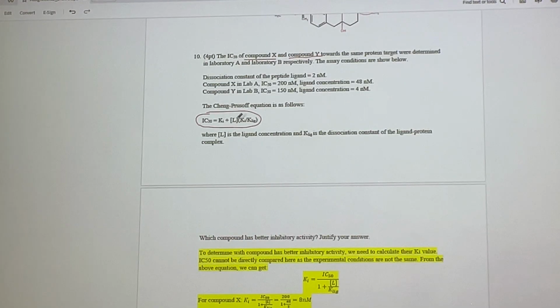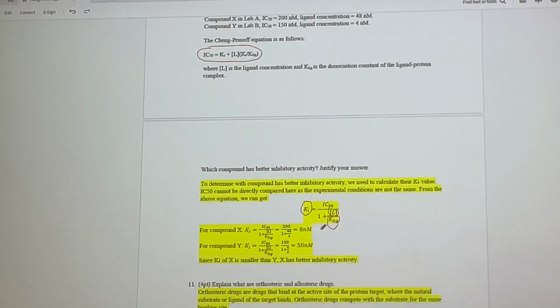You just rearrange this equation, and what you need to get is the Ki. For the Ki, you plug in the IC50 from the experiment value, and you plug in the ligand concentration, and this is the Kd value of the ligand, which we already know. So once you plug every number in, you will calculate the Ki of the respective compound.